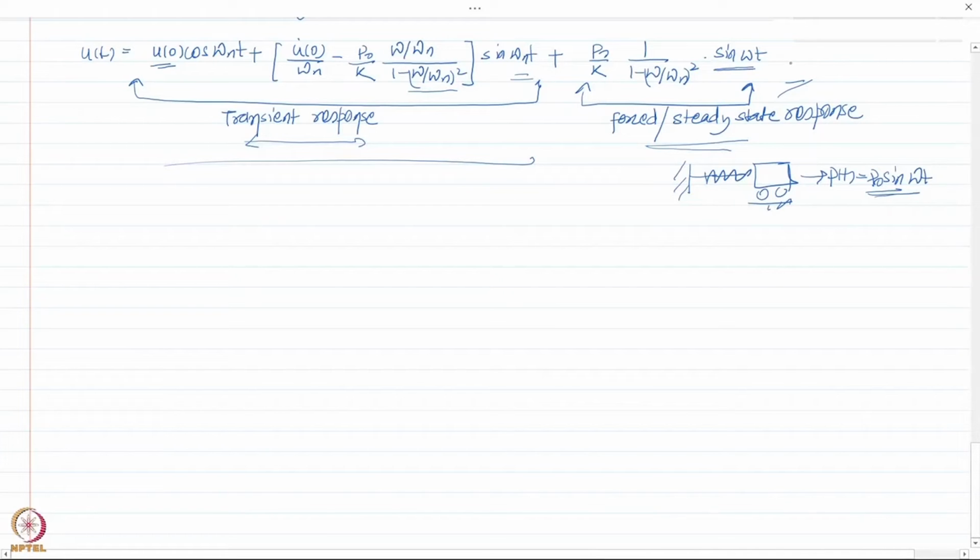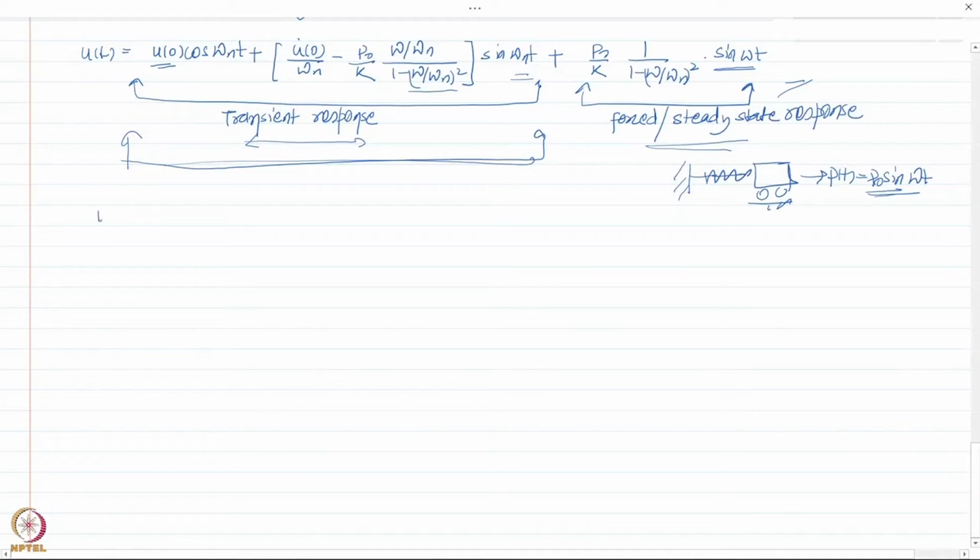So we are not going to neglect the transient, but we are going to turn our focus now to the steady state response. As we will see for the damped system, the transient response actually dies down from the mathematical equation for u of t. So let us look at the steady state response.